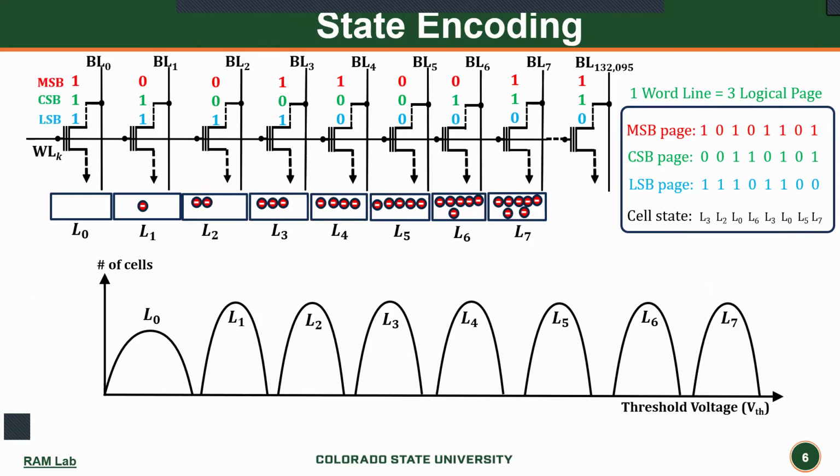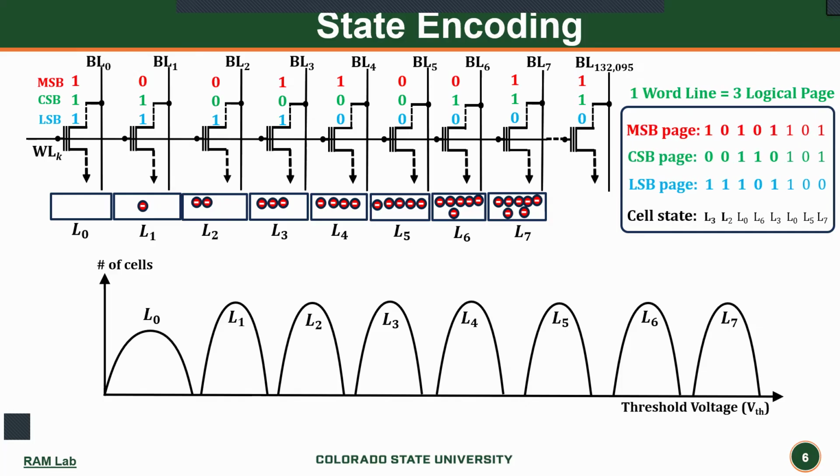All the MSB bits construct the MSB page, and all the LSB bits construct the LSB page. So one word line represents 3 logical pages. If we read the MSB, CSB, and LSB pages and the first cell shows 101, that means the first cell is in the L3 state.